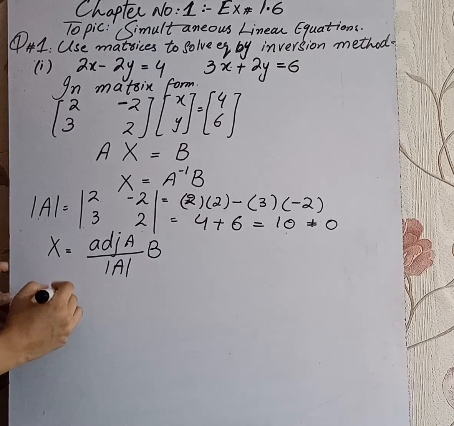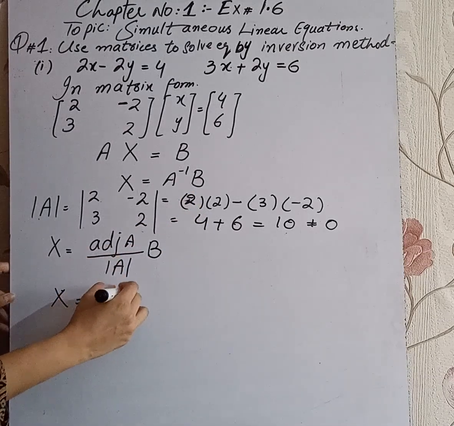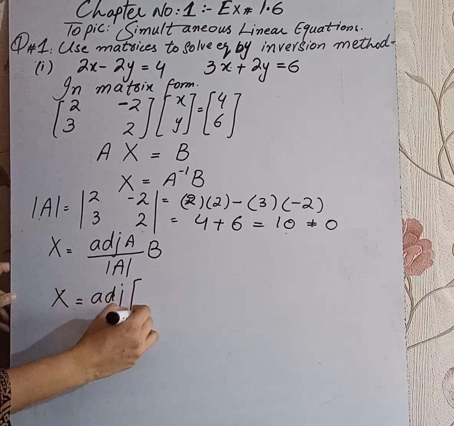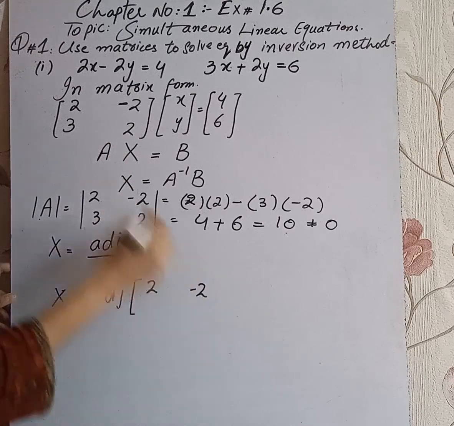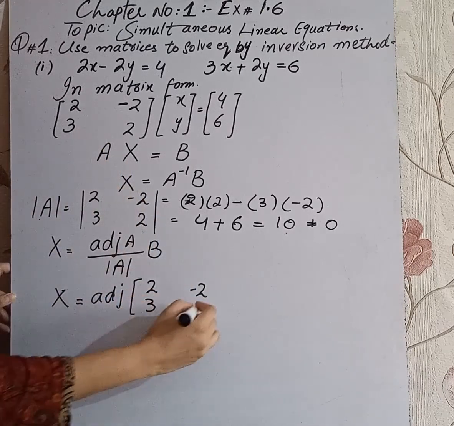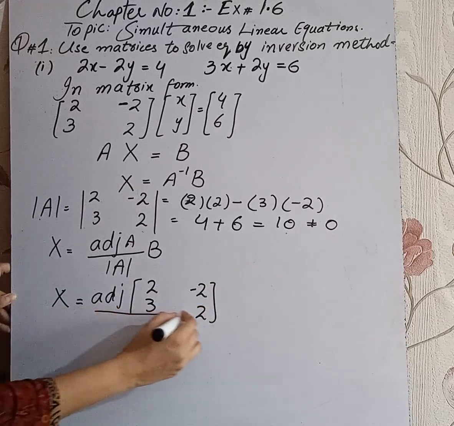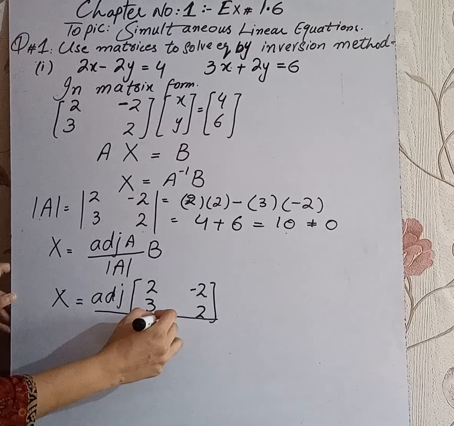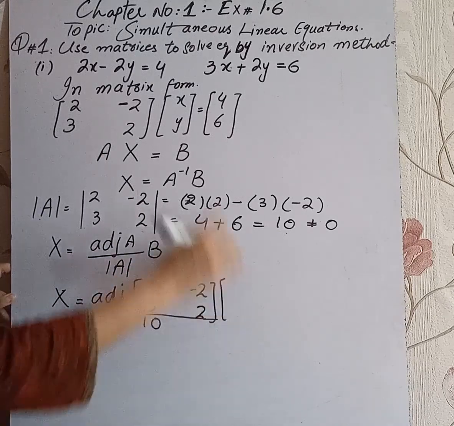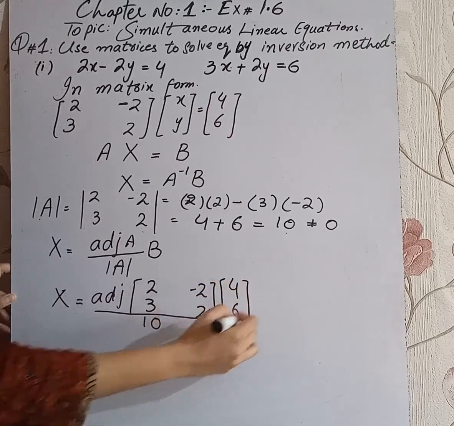X equals to adjoint of A. The matrix A is here 2, -2, 3, 2. The determinant of this matrix A is equal to 10. The matrix B is here 4 and 6 in the form of a column.